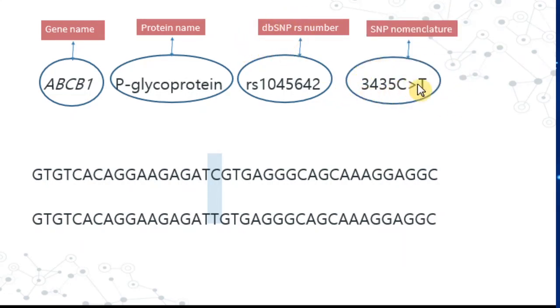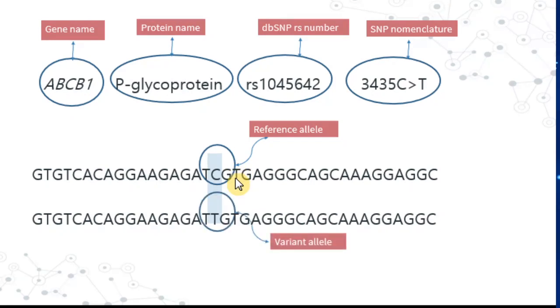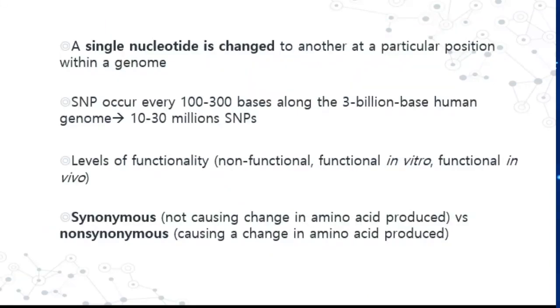This is the SNP nomenclature, meaning that we have information on the location of the SNP, which is at position 3435 at the genetic locus, and C is substituted by T. For example, a majority of the population has C, but instead some people have T, so it's C and T. This is the location of C. So instead of C, some people have T. C here we call the reference allele, whereas T here we call the variant allele. That means there is a variation in this particular location.